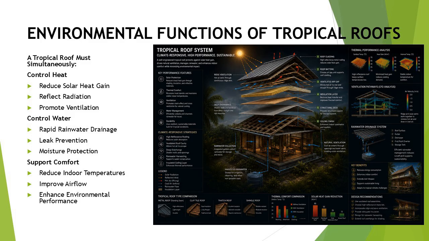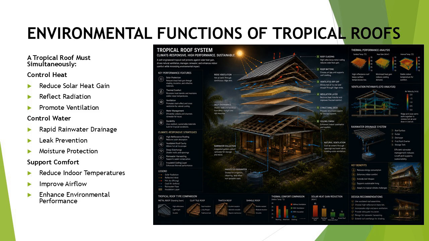Many people assume that a roof performs only one function, keeping rain out. While this is certainly important, tropical roof systems perform far more complex roles. A successful tropical roof simultaneously manages heat, moisture, air movement, and environmental comfort.